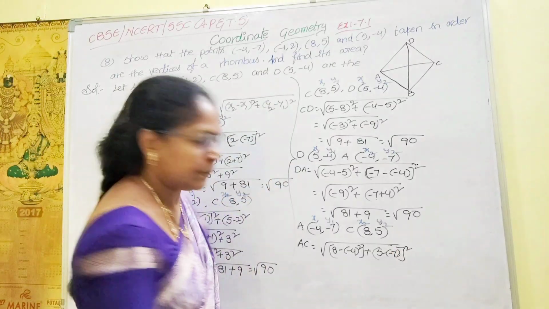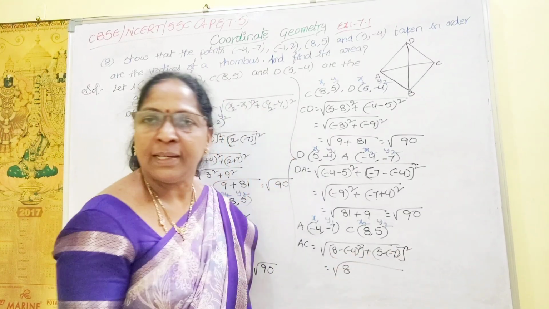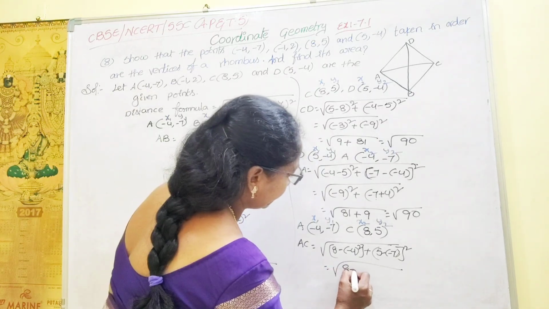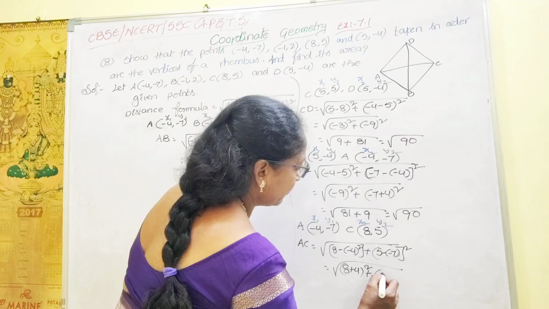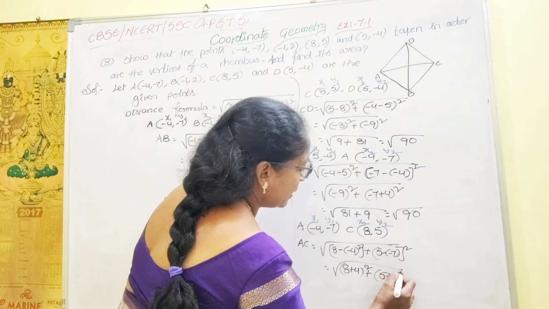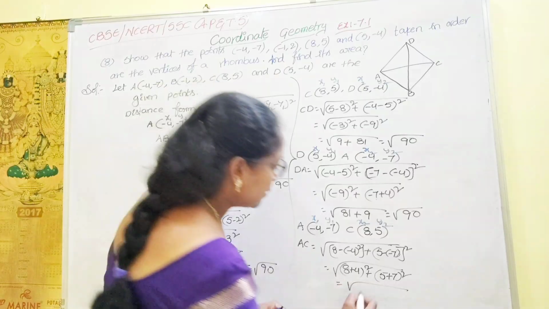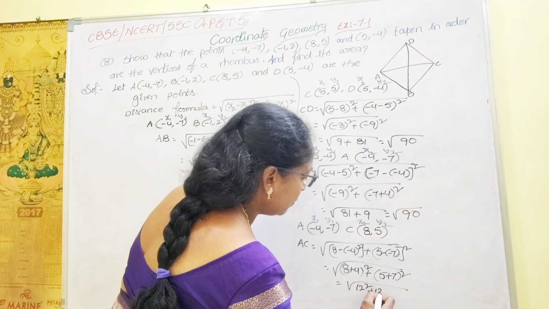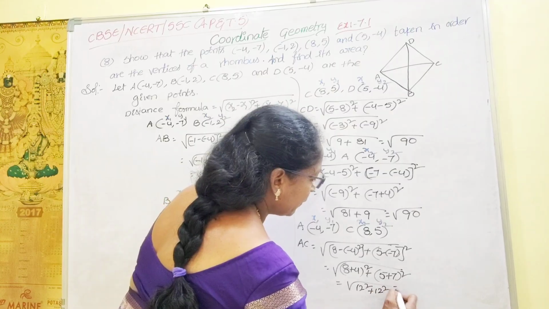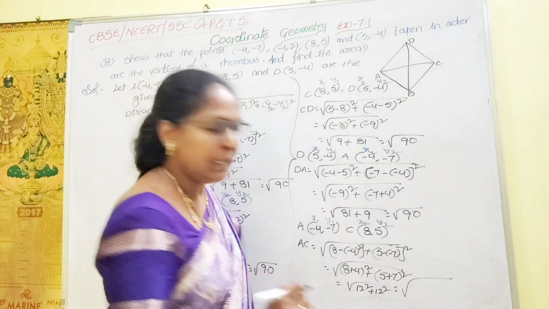whole square. That equals the square root of 8, where minus into minus equals plus. So (8 plus 4) whole square plus (5 plus 7) whole square. That equals 8 plus 4 equals 12 square, plus 5 plus 7 equals 12 square. Where 12 square equals how much? 144.